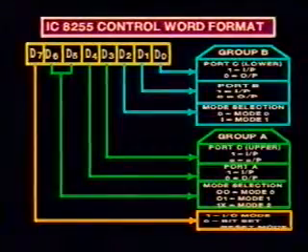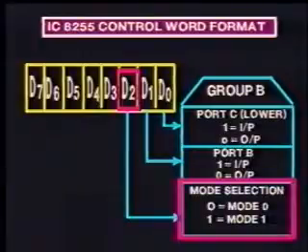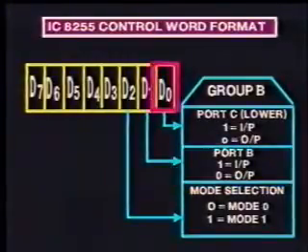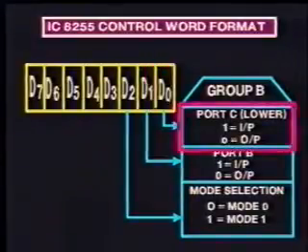The bit D2 determines the I/O mode of group B. The bit D1 sets port B for input or output. The bit D0 sets the port C lower for input or output.